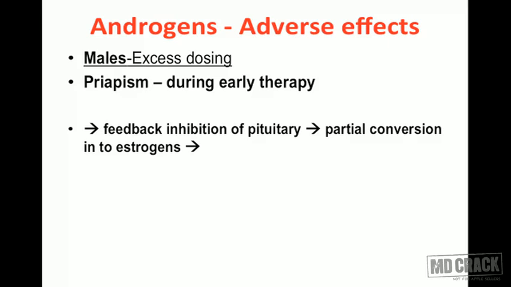When there are excess androgens circulating in the blood, they are going to produce a feedback inhibition on the pituitary. And in addition, these excess androgens get partially converted into estrogens. That's very atypical. They get converted into estrogens.